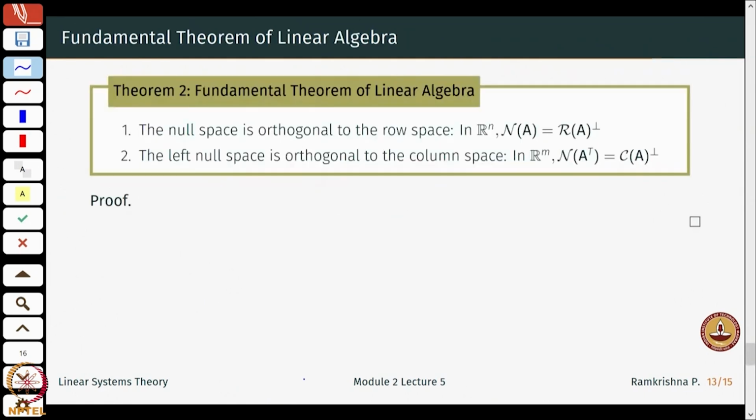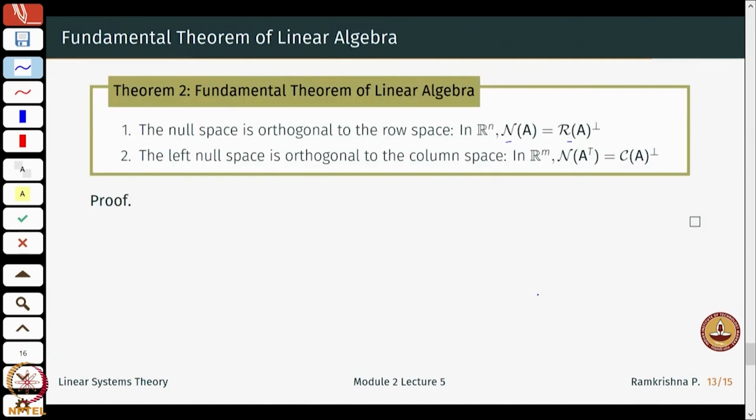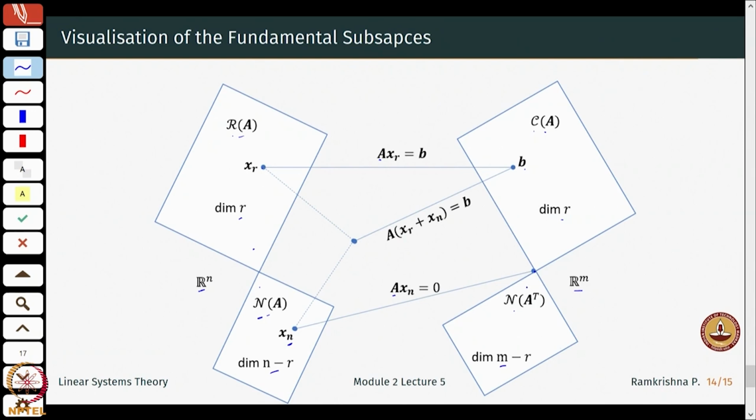So what we also know is that the null space of A and the row space of A are orthogonal subspaces to each other, and together they will again be of dimension n. Similarly, the null space of A transpose and the column space of A are also orthogonal to each other, so the dimension of this plus this would be m. So that is a little pictorial representation.